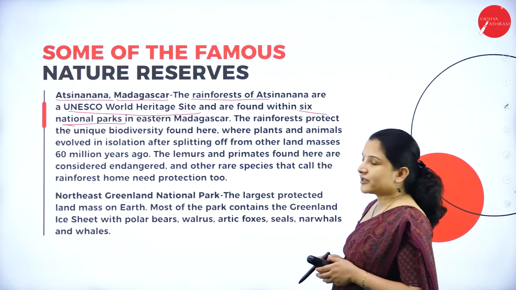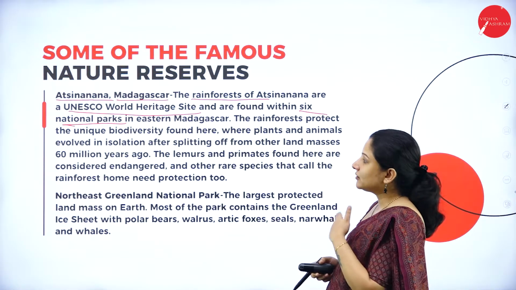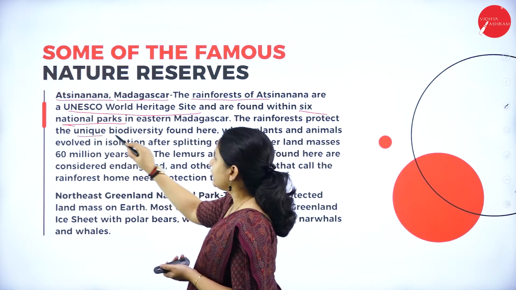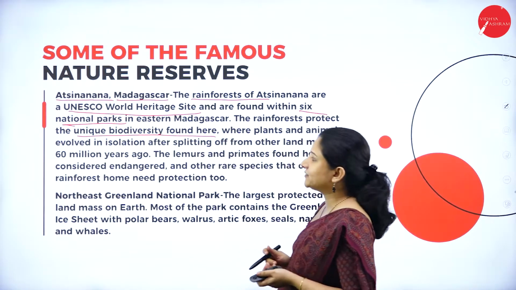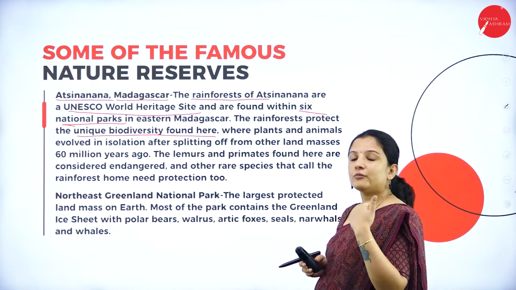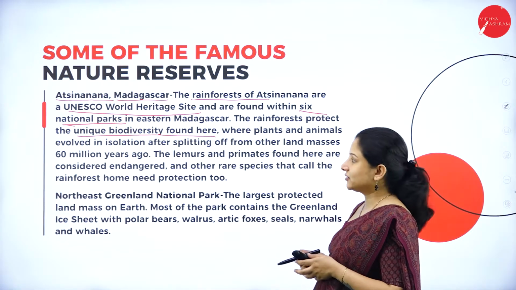Because it is entirely made up of rainforest, the national park has unique biodiversity, wherein you find different types of plants and animal species that have evolved there and formed into new forms of species which you don't find anywhere else in the world.